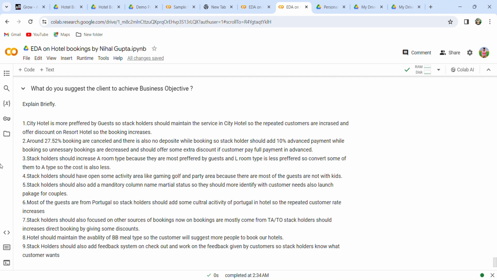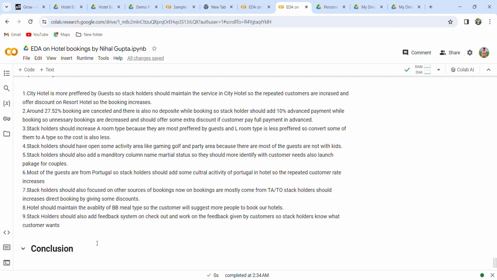We have seen in the data that A type room was mostly preferred by the customers. So here we are saying that L type of room is less preferred, so convert some of the rooms from L to A type.